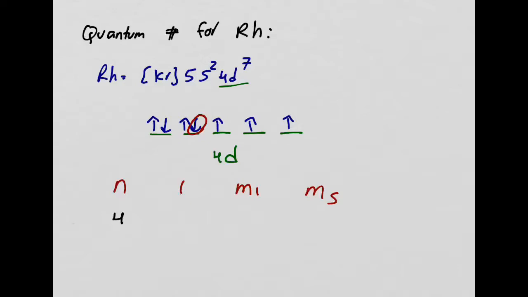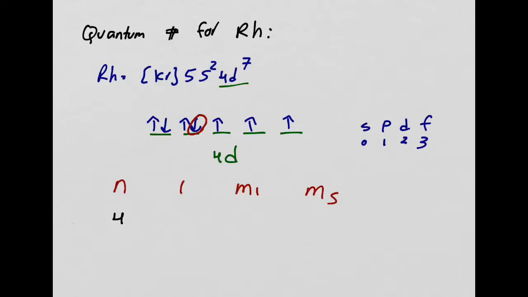What is my L? My L is D, right? If you remember, since quantum numbers have to be numbers, we have to assign a number to all the orbitals. S is 0, P is 1, D is 2, and F is 3.